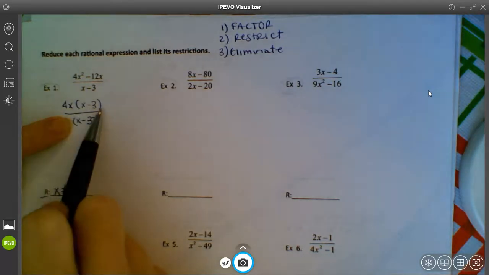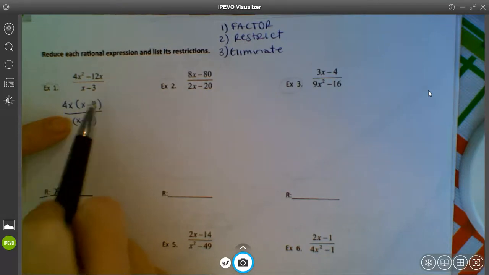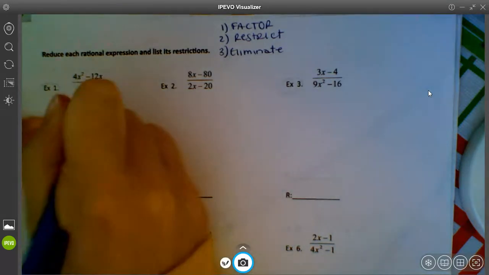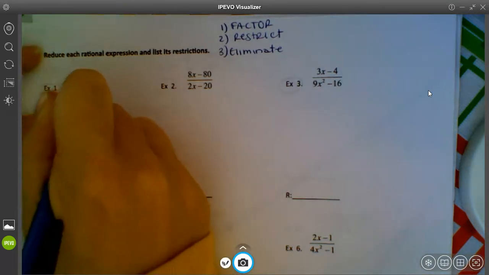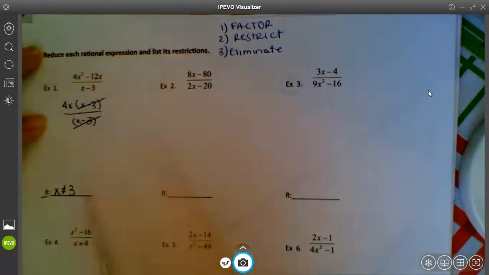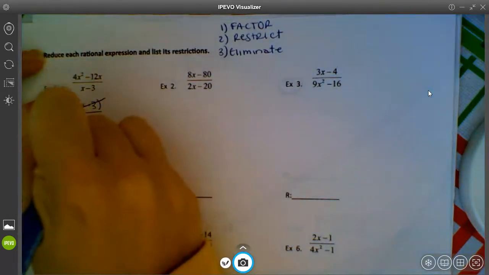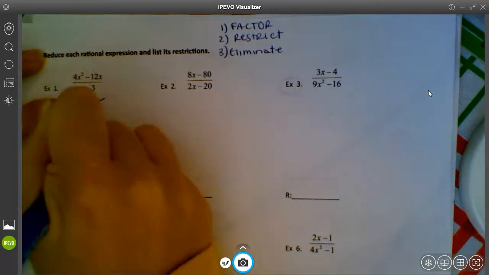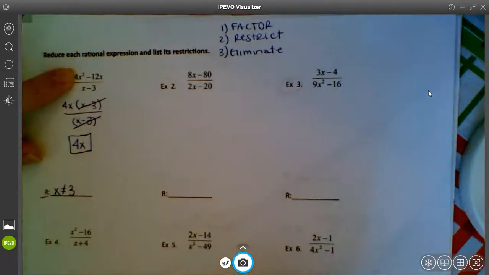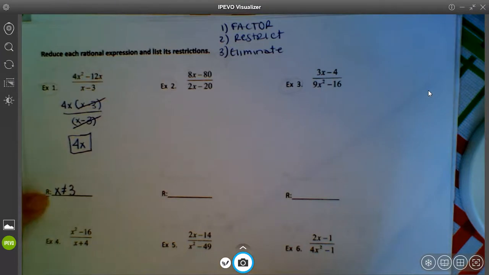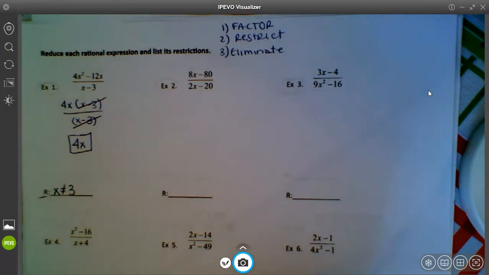The top happens to have an x minus 3 exactly to cross out. So eliminate just means cross out the common factors, which leaves me with 4x. So I simplified and got 4x from this huge thing. And I noted that x can't equal 3. This is for later on domain and graphing.